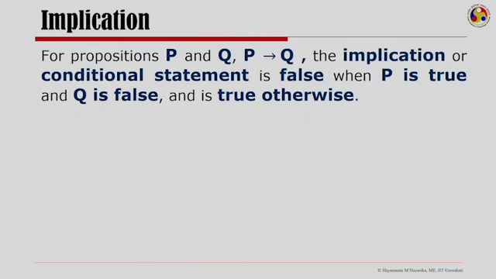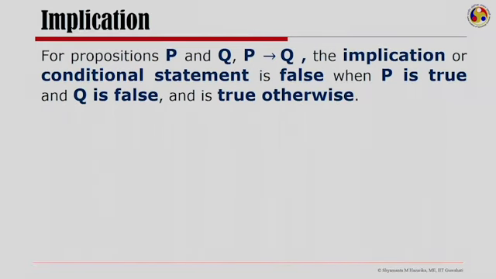Now, let us focus back on the implication. For propositions P and Q, if P then Q, the implication or conditional statement, is false when P is true and Q is false and is true otherwise.